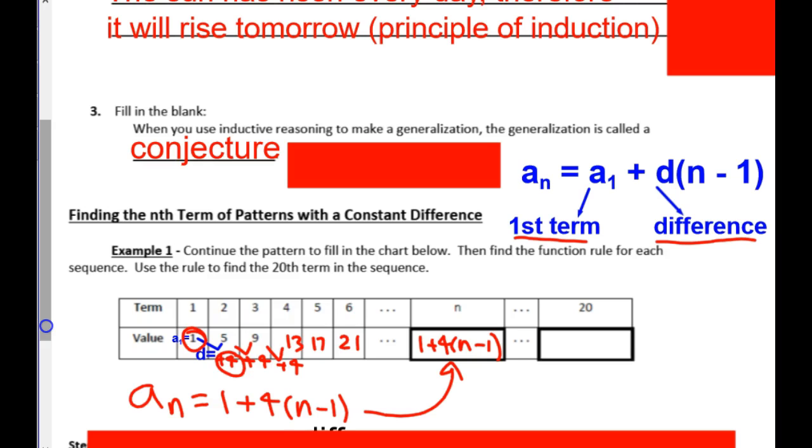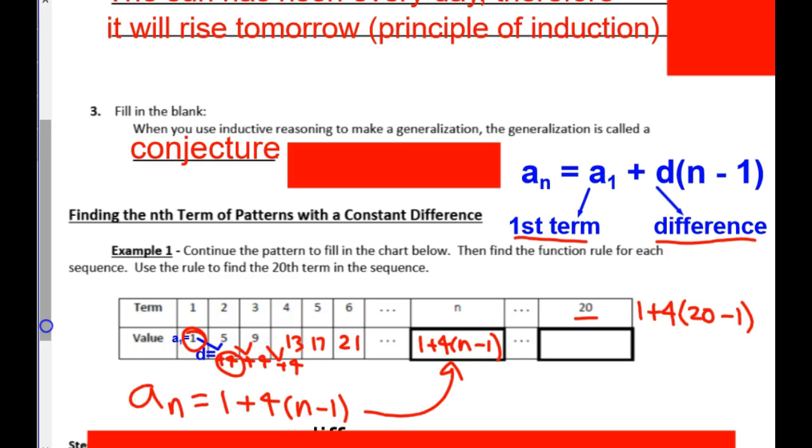So first of all, let's write it off to the side. 1 plus 4 parentheses. Instead of n, my number is 20 minus 1. So I'm replacing n with whatever the number is. Now, order of operations, what are they?